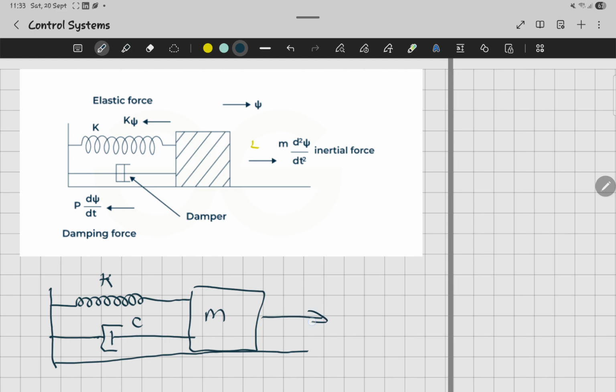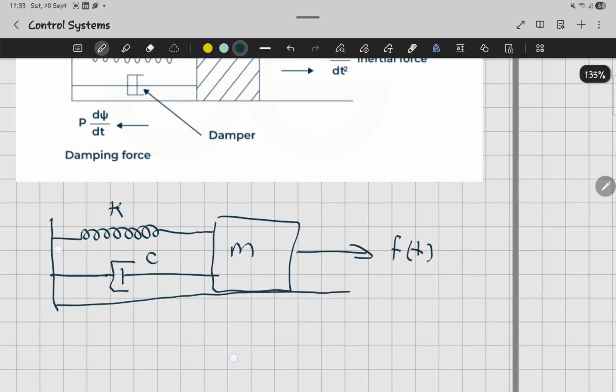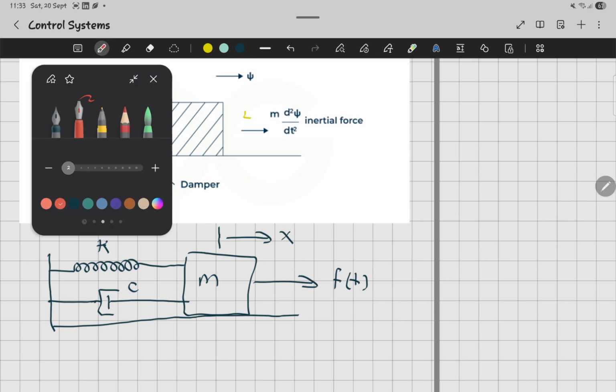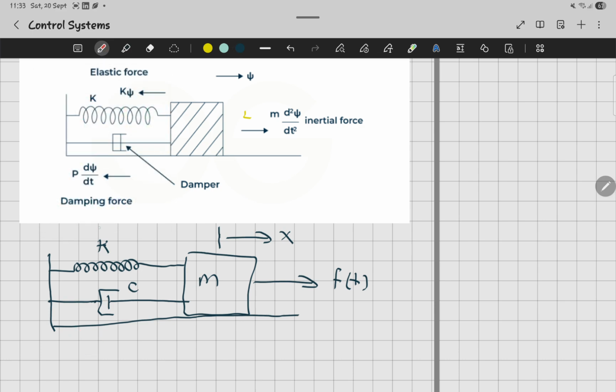Then we got our force. So this is where you're going to put your f(t). This is what we did before. Then now we add something here like x. So this is the same as what you see here. If I have to write it, here you're going to get k times x.